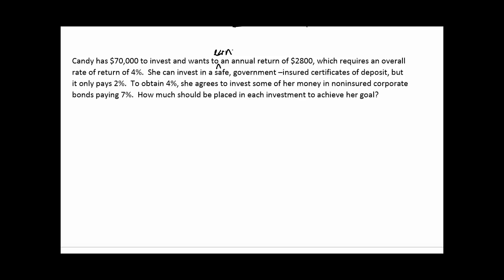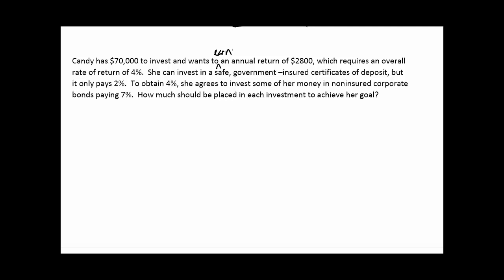Okay, so I want to clarify here. This obviously is a made-up problem, because there's no guarantee that Candy would earn the money that she thinks she's going to earn. However, we're saying that she knows for a fact that if she invests in government-insured certificates, she's going to earn 2%, less risk, less reward.